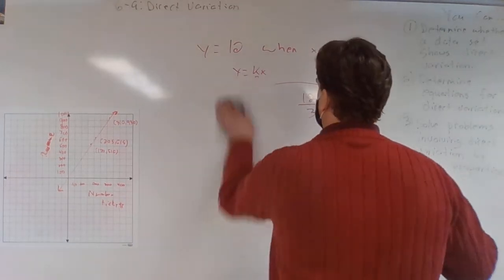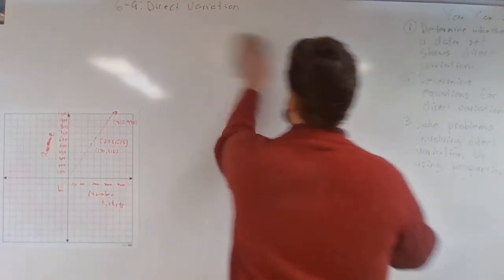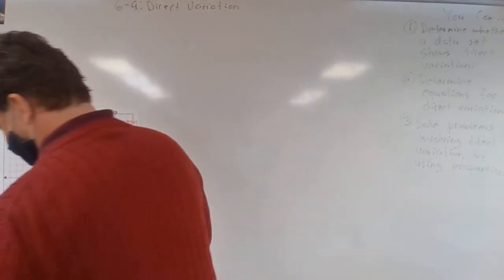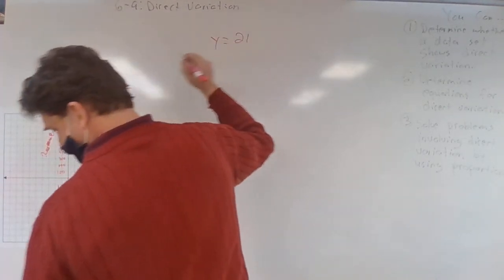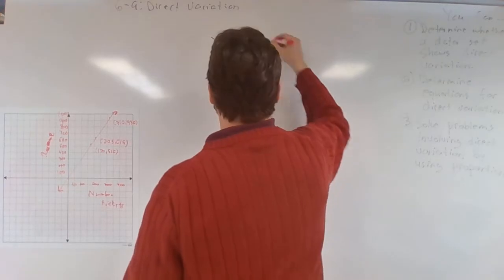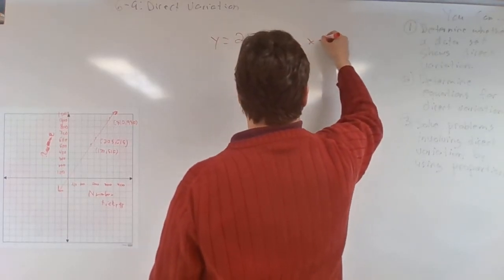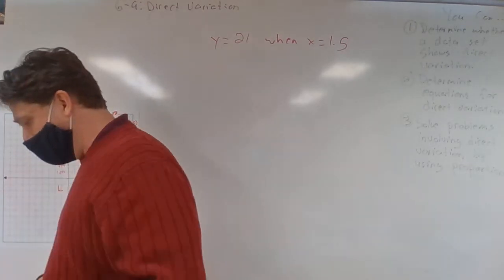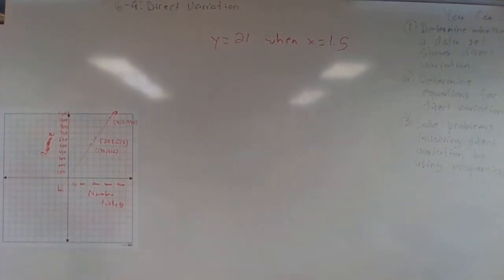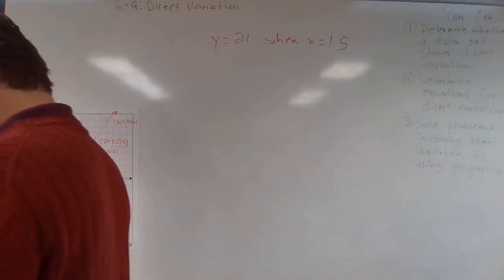There's not much more going on. So maybe I'll let you guys try one. There's a couple other things I got to show you, but y equals 21 when x equals 1.5. So write the equation of direct variation for me.